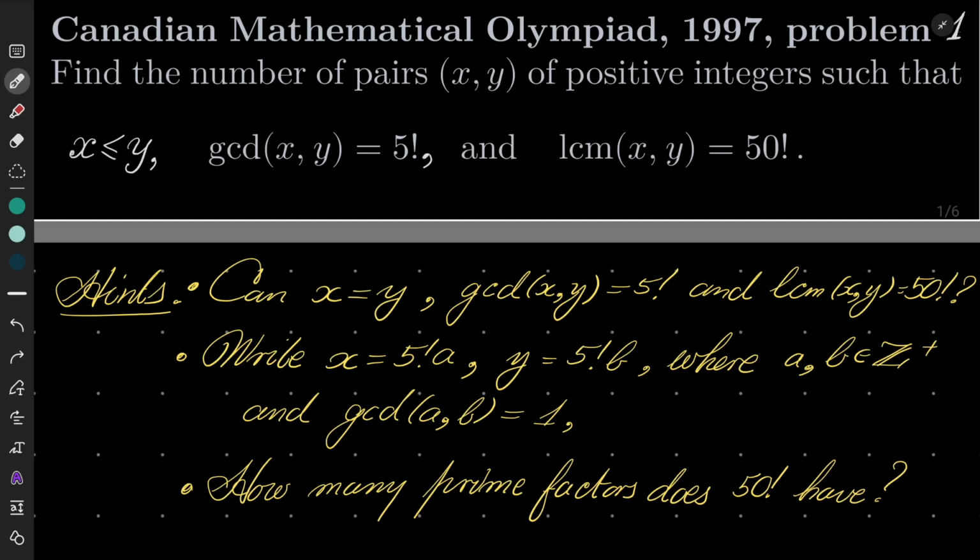Then write x as GCD times some number and y as GCD times some number, and these two numbers a and b should be co-prime. And finally, think about how many prime factors 50 factorial has. So give this problem a try and I will see you in a minute.